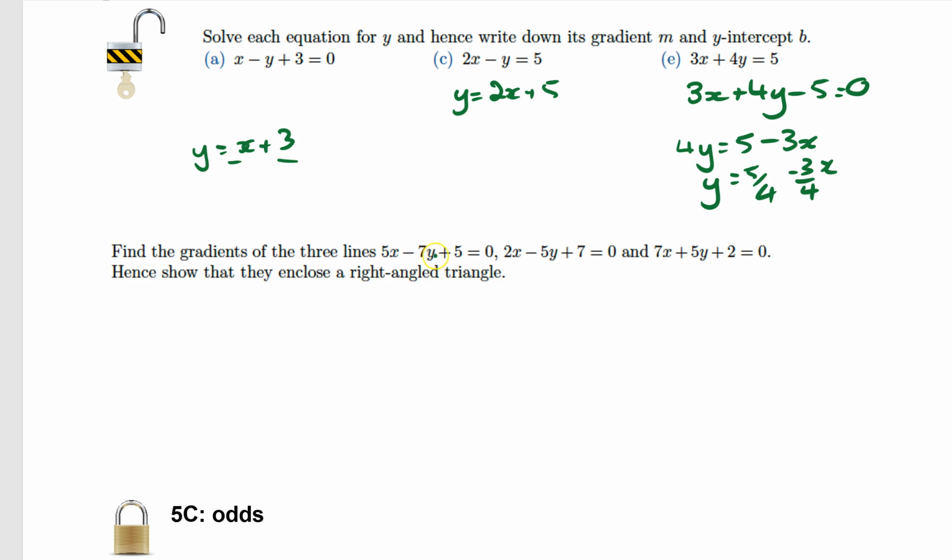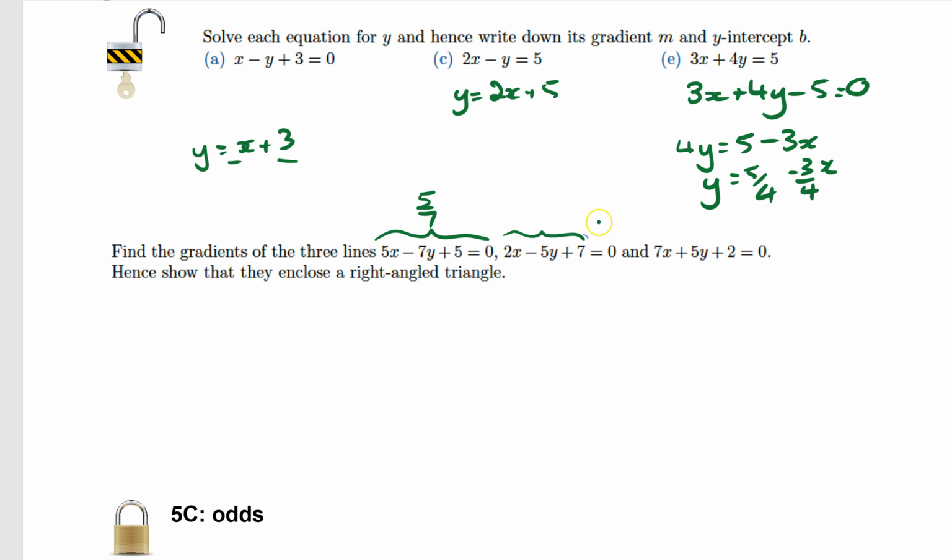Now, next part, find the gradient of the three lines here, and hence show that they enclose a right angle triangle. So we could have a go at quickly sketching these. It might speed things up, but the time that it takes to sketch them, we might as well just find the gradient. They're all written in standard form, so if we take them one at a time, for this one here, the gradient will be minus a over b, so 5 over 7.